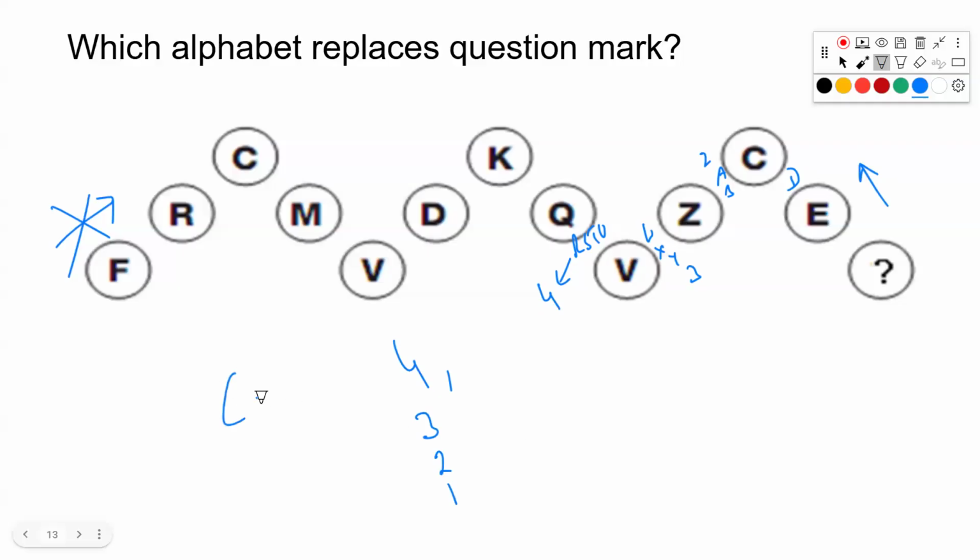Okay, so basically, he is doing a countdown. So four, three, two, one, zero. Zero means next letter will come. That is F. Next letter will come, which is F. So this is more like a countdown.